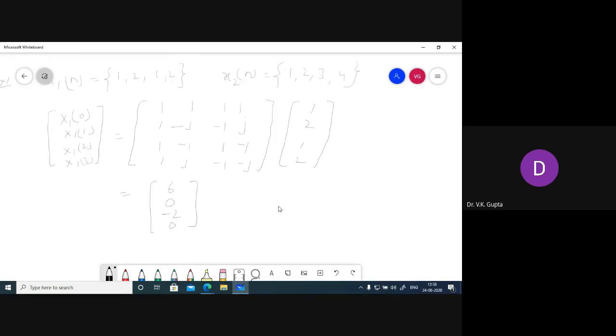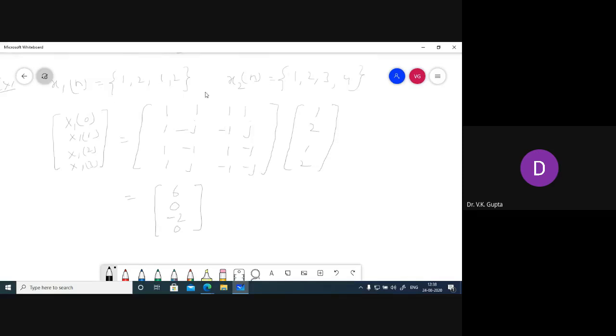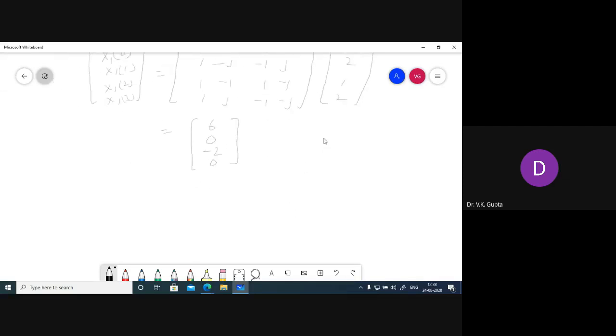So we have X1(k) equal to 6, 0, minus 2, 0.